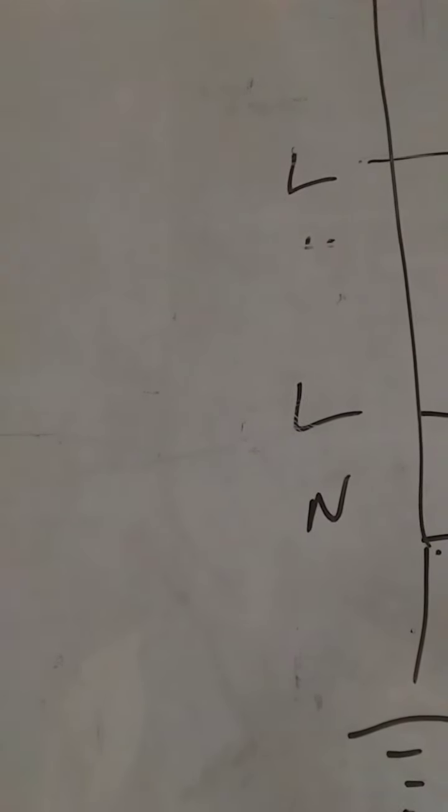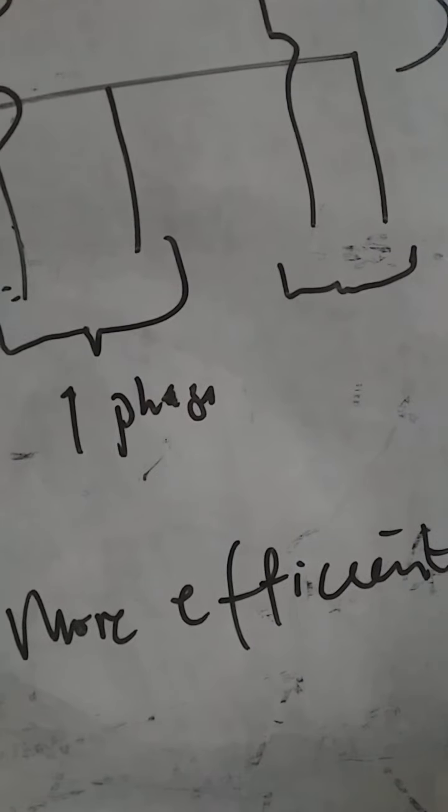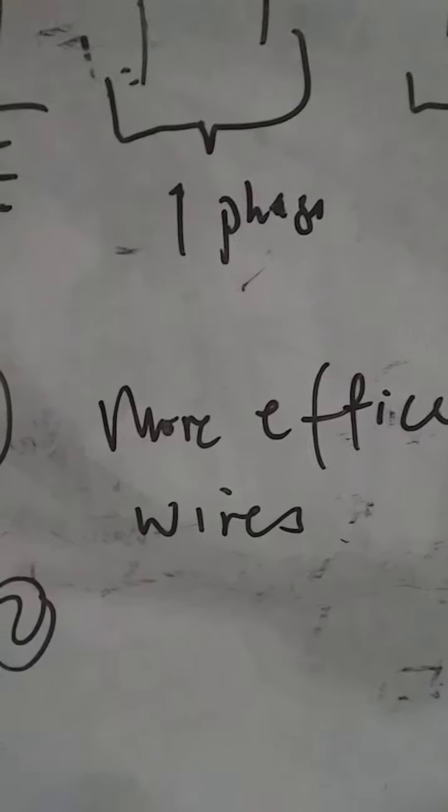One of the advantages of three-phase system over single-phase system is, one, more efficient use of copper wires. That is for distribution. That is more efficient use of copper wire for distribution.